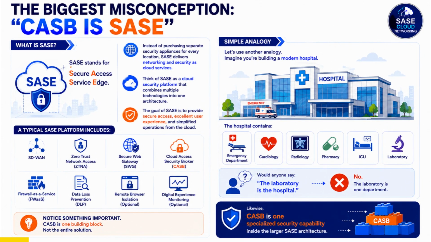What is SASE? SASE stands for Secure Access Service Edge. Instead of purchasing separate security appliances for every location, SASE delivers networking and security as cloud services. Think of SASE as a cloud security platform that combines multiple technologies into one architecture.